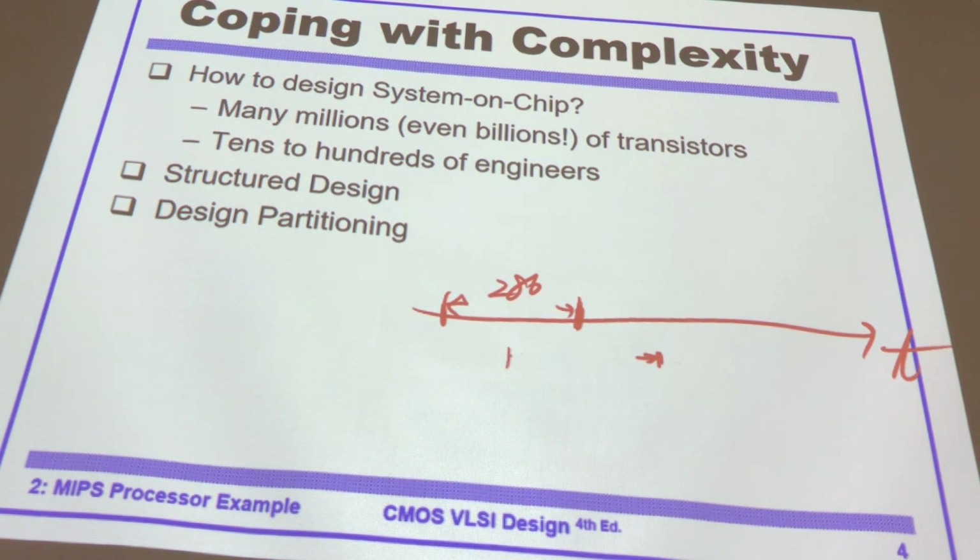Can you see the rule? It's not like after you finish the 286, then we start to design the 386. No. They should be overlapping with each other. In the middle of designing the 286, there's going to be another group working on the next generation CPU, starting from here.